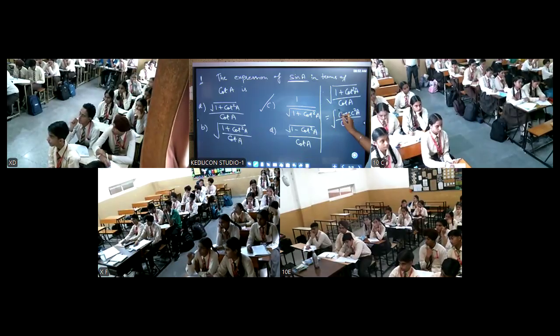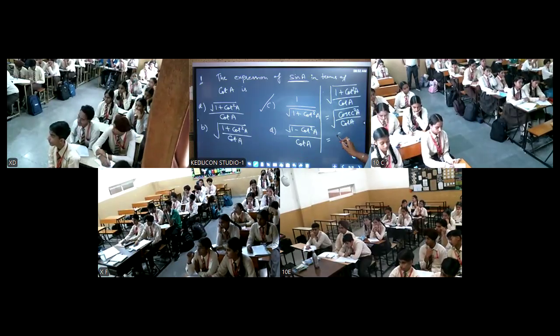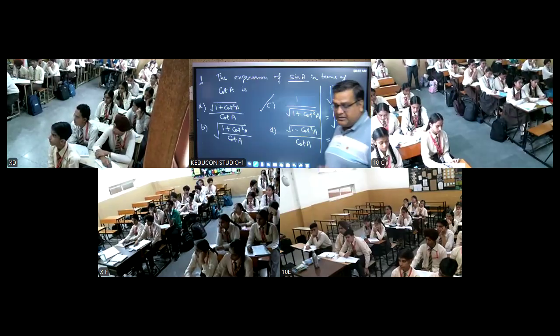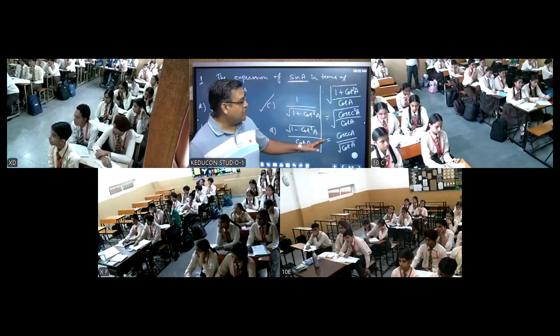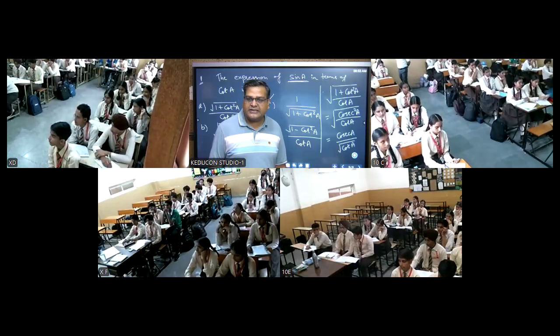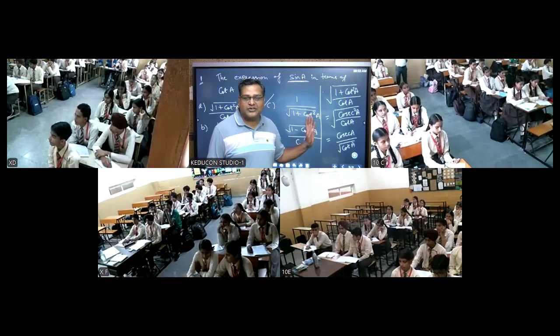This is under root. Now in the numerator we will have cosecant A because of the square, so the root will be cancelled out, and in the denominator we will have cot A. So this can't be possible. That can't be equal to sin A because there is a square root in the denominator. Yes, students, so you have to leave this option.